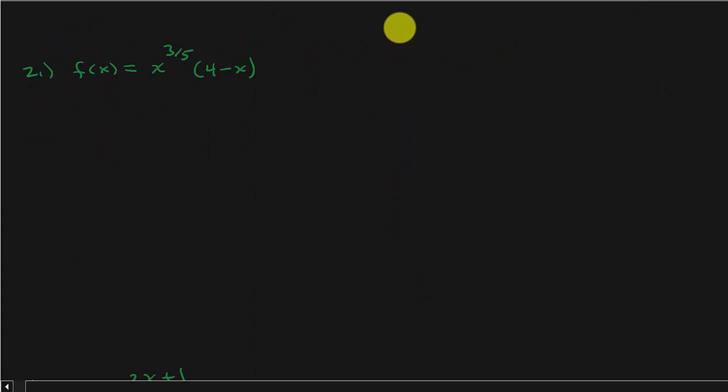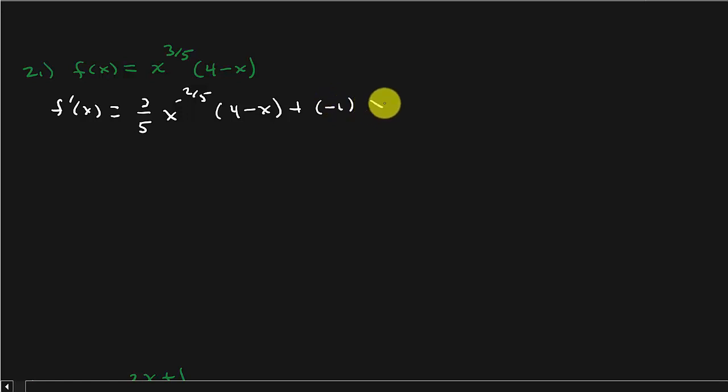All right, so what about this one? Let's take the derivative. So we've got f prime of x is equal to, here we've got to do product rule. So I've got 3/5 times x to the negative 2/5, I believe that is, times 4 minus x plus negative 1 times x to the 3/5.